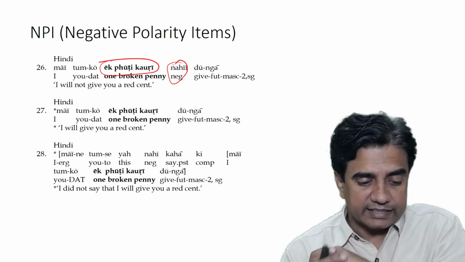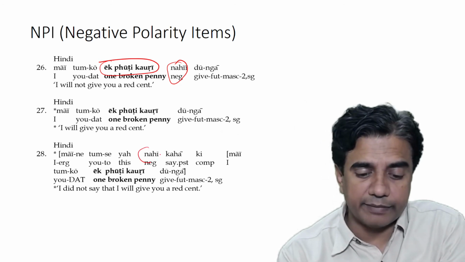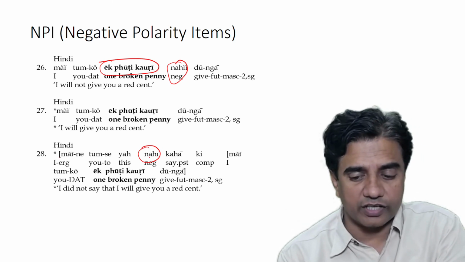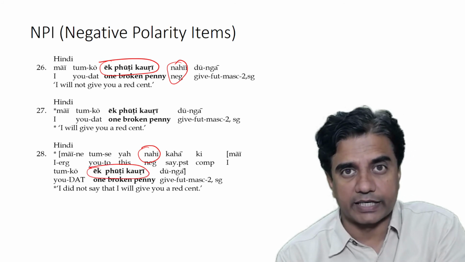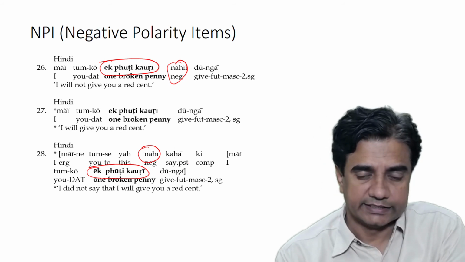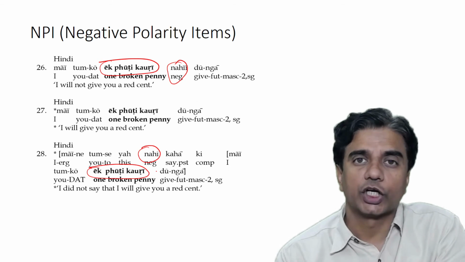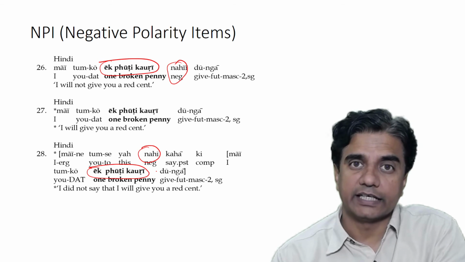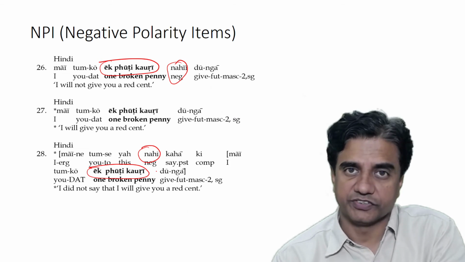What we see in this sentence, which is ungrammatical to begin with, is that the negative element nahi is part of a different clause, whereas ek fuuti kauri as a negative polarity item is part of another clause, and is not licensed. That is, the negative polarity item and the negation must be clause-mates. Technically, this is known as the negative polarity item must be in the c-commanding domain of the negation.